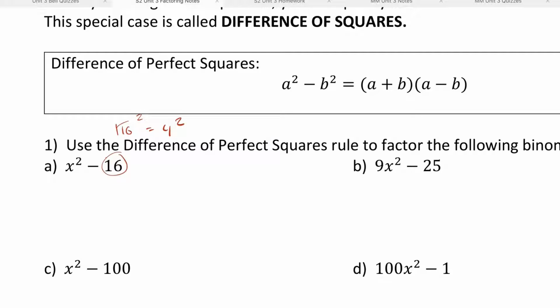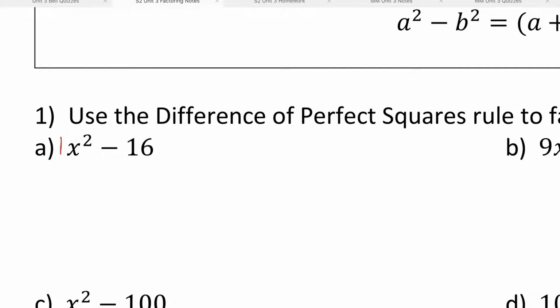Okay, and now it looks like what we're looking for. Even easier, you can just take the square root of the first term and the last term. Again, this always has to be the ax squared term, and this has to be your c part.